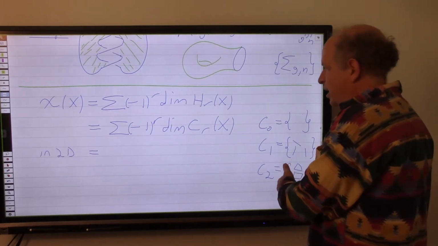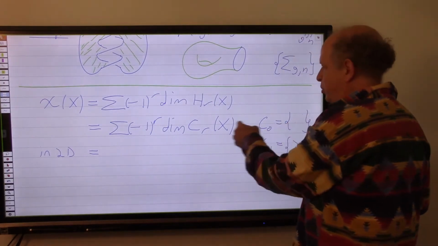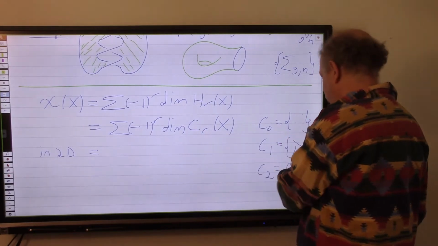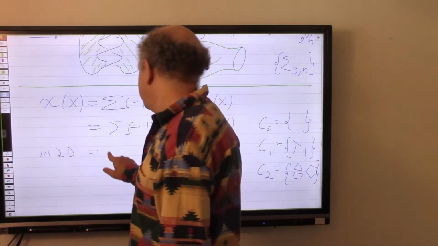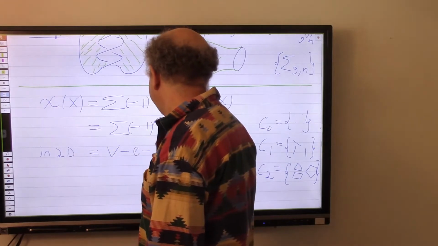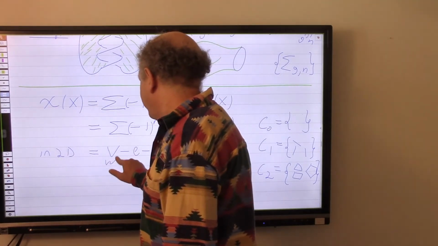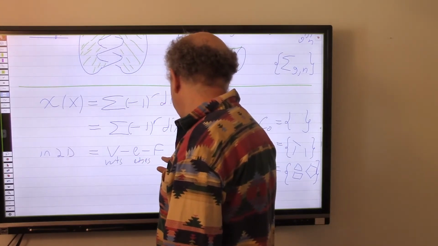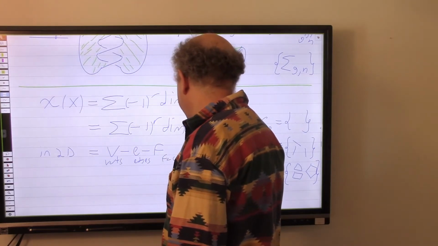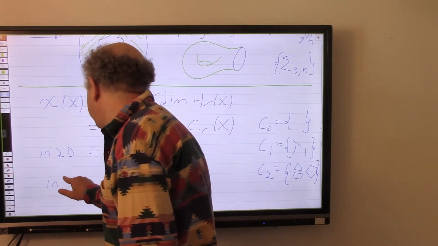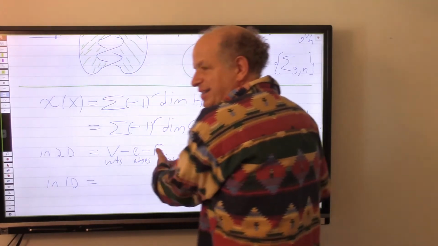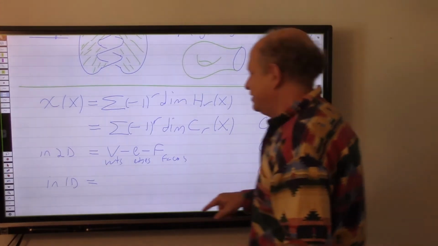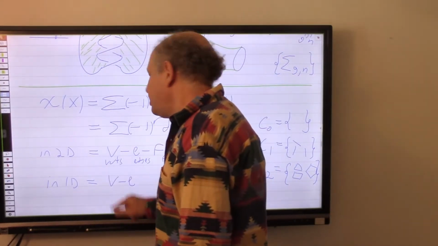And so the dimension of C0 is the number of points, the dimension of C1 is the number of edges, the dimension of C2 is the number of faces, and so this is usually denoted as V minus E plus F, where V stands for vertices, E stands for edges, and F stands for faces. And in one dimension, the faces drop out. If your space is just a gluing of these, then it's V minus E.